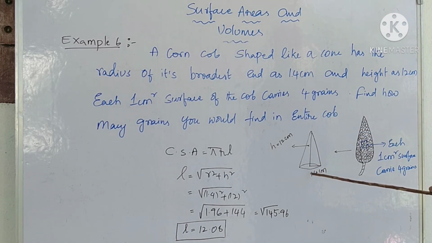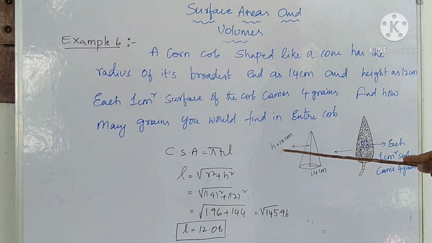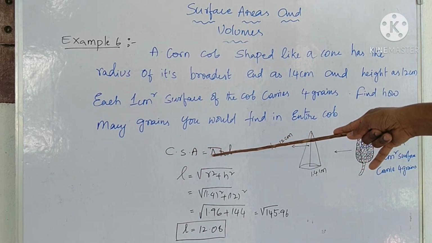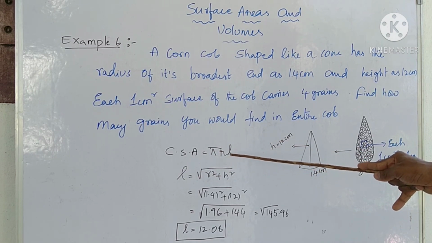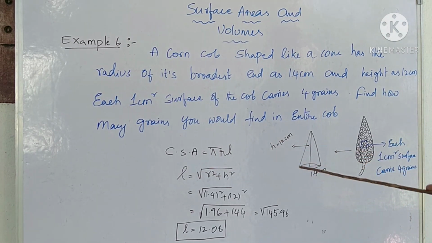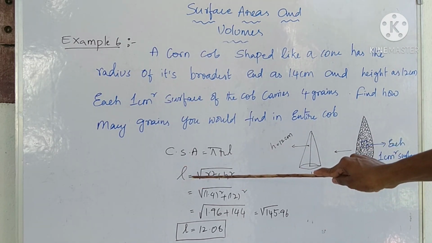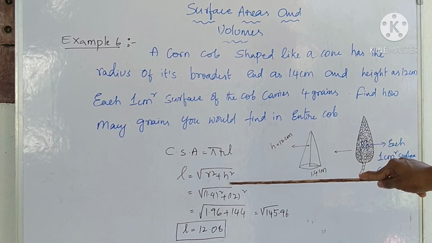So here base radius is 1.4 centimeters and height is 12 centimeters. So curved surface area is pi r L. Here L, the slant height, is missing. But height of the cone and radius of its base are already given in the problem. So L formula is square root of r square plus h square.